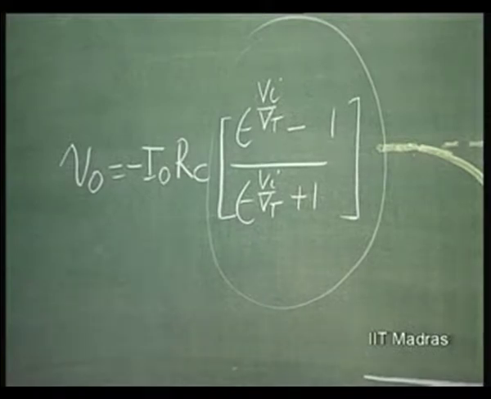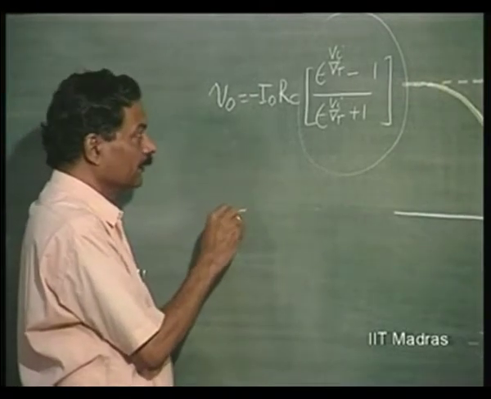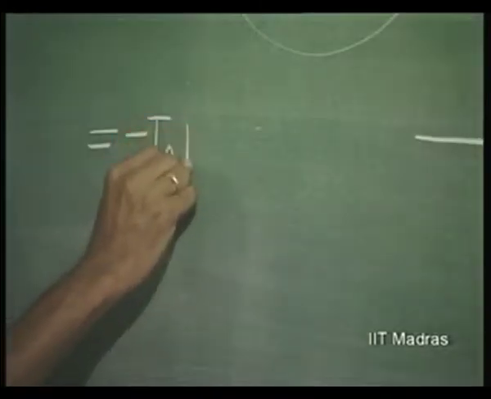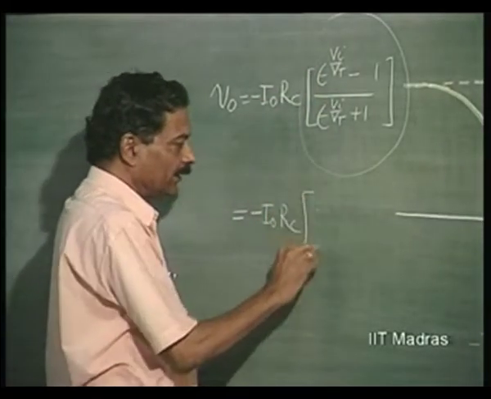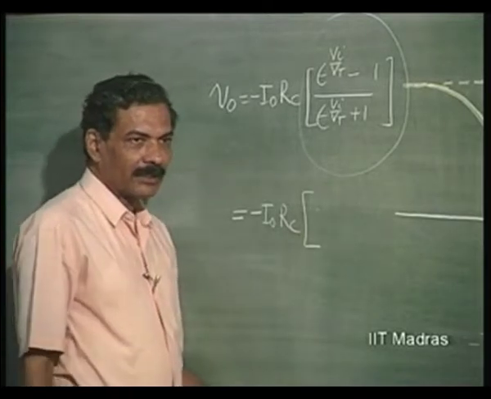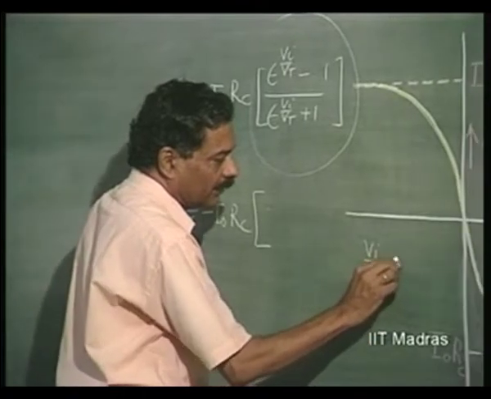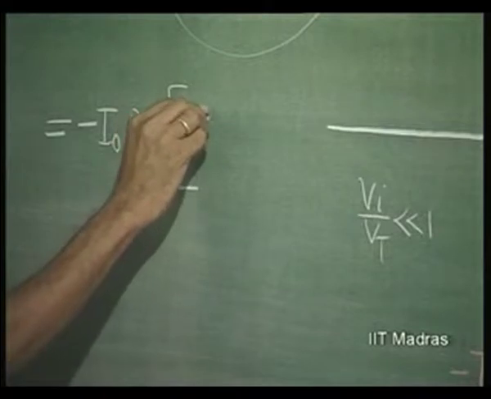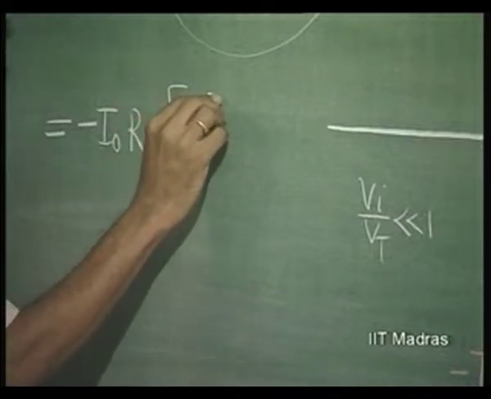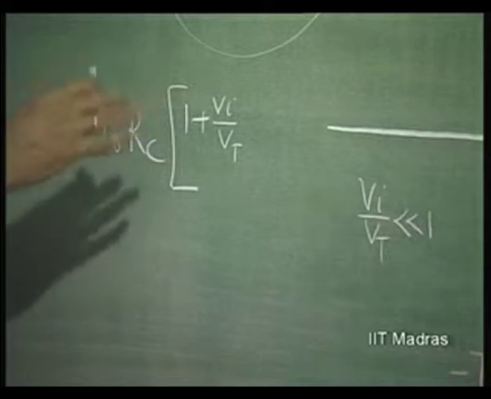Now, let us see how this is equal to minus I naught RC. If e to power x you expand it, when x is small, that means for VI by VT much less than 1, you can say that this is 1 plus x plus x squared by factorial 2 and so on.